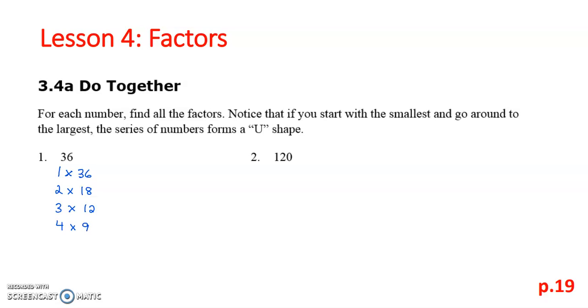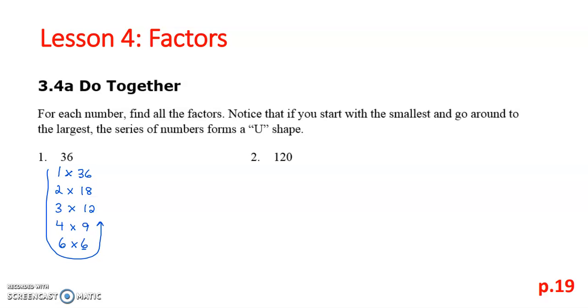But 5 does not make 36, but 6 does, 6 times 6. 7 does not, 8 does not. The 6 is over here, so we know that we're finished. So these are all our factors of 36. 1, 2, 3, 4, 6, 9, 12, 18, and 36.